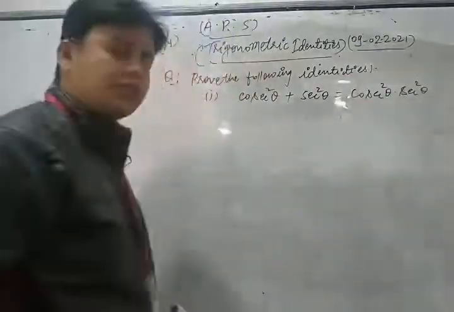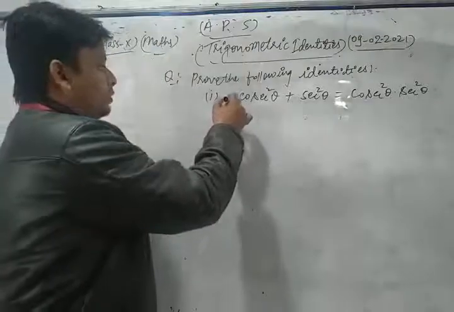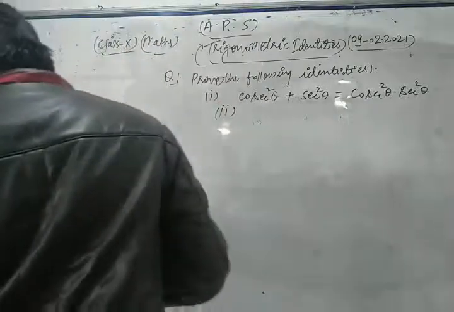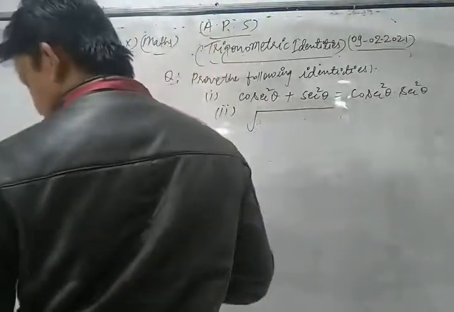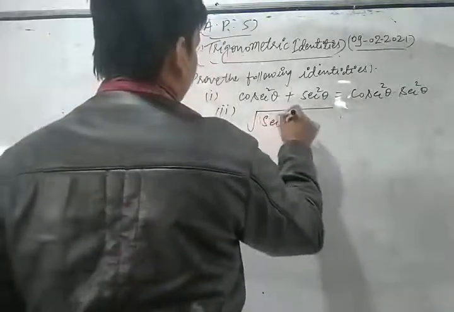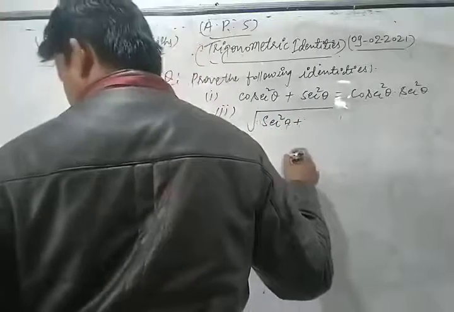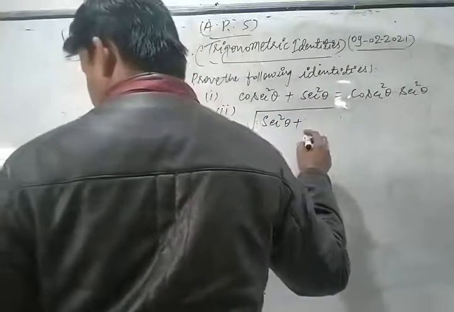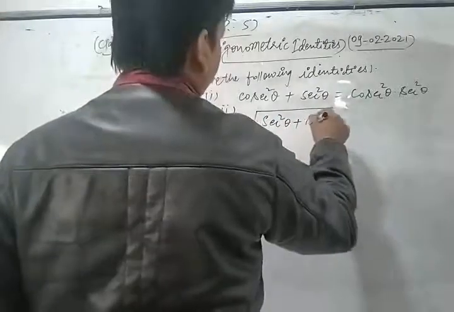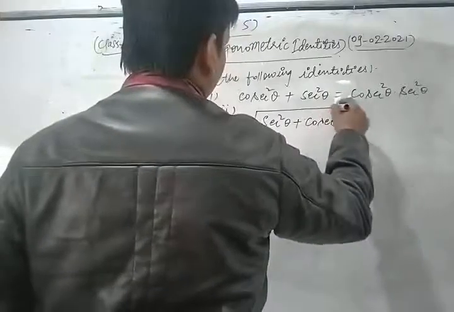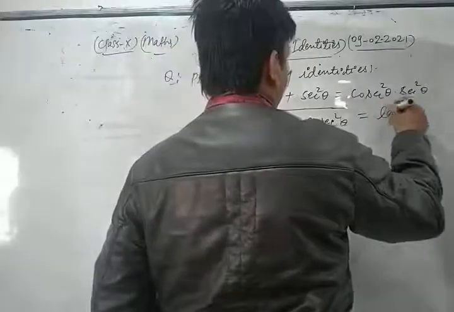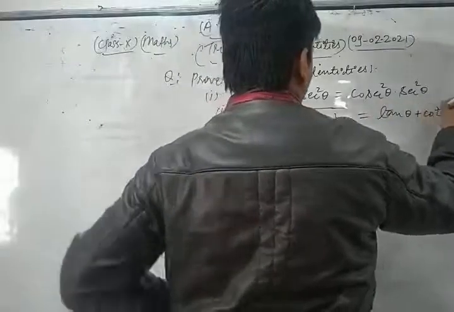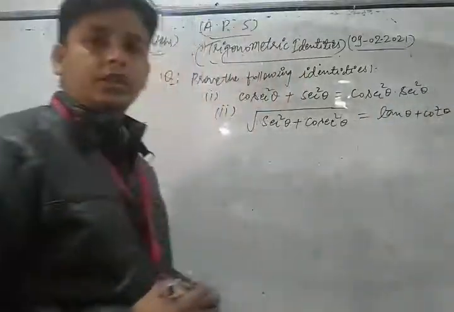This is the first part of this question, and the second part is: square root of sec square theta plus cosec square theta is equal to tan theta plus cot theta. Okay, this is the question.